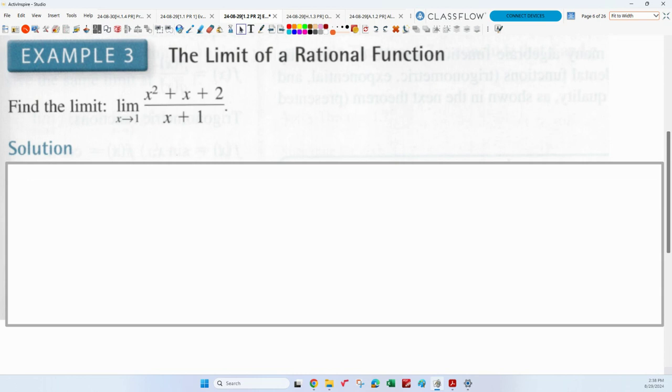That's 2. How'd you get that? Direct substitution. I'm going to get 1 squared plus 1 plus 2, which is 4 in the numerator, over 1 plus 1 is 2. 2. Anytime you have a rational function, as long as you don't get a 0 on the bottom, just directly evaluate. Piece of cake.